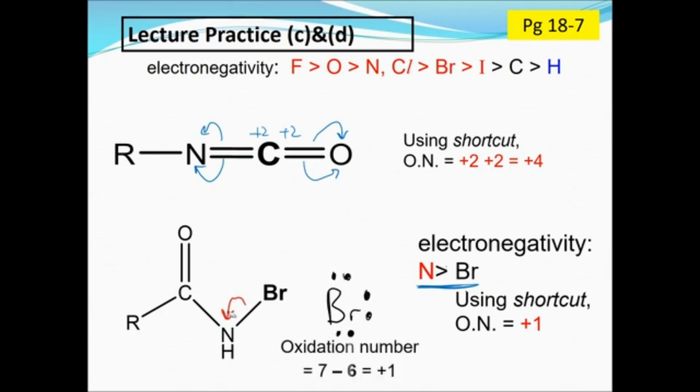And if I take the longer method, it will be 7 minus 6, which equals +1. So if you're not dealing with carbon, knowing the exact method of breaking the covalent bonds as if they're ionic will be helpful, provided you are very clear of the difference in electronegativity.